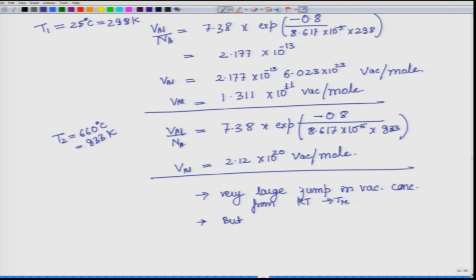Of course, it is much larger than the earlier number, but if you look at it per mole, then it is still a very small number, approximately less than 0.001. But this is still a very small quantity.